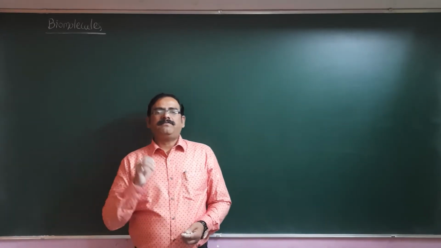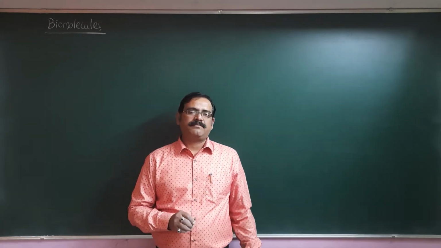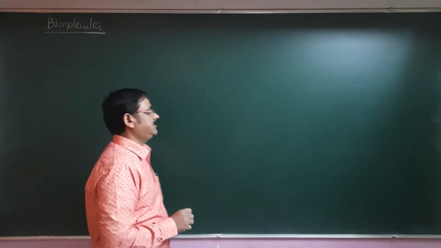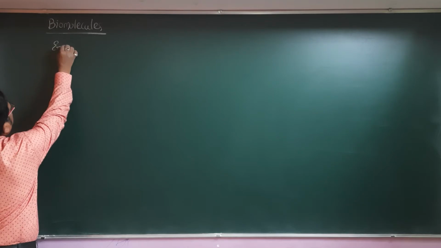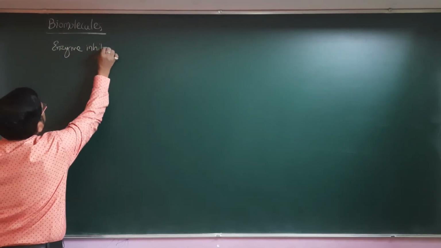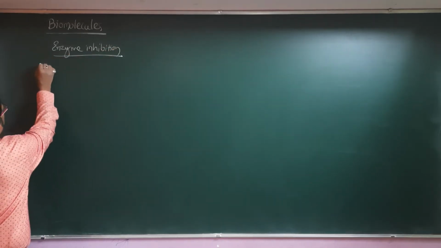Now what we need to discuss is enzyme inhibition. Inhibitors also influence enzyme activity. Let us understand that. Enzyme inhibition is caused by inhibitors. There are three types of inhibitors.